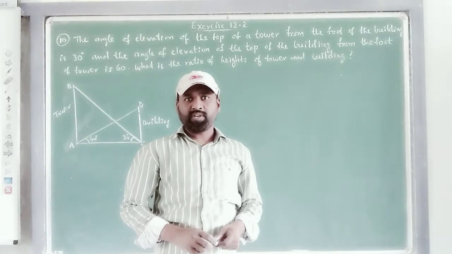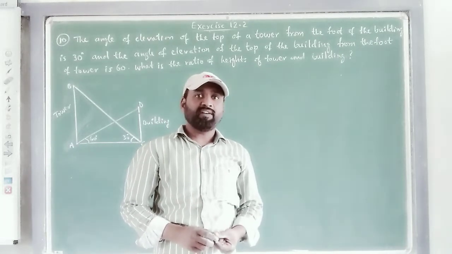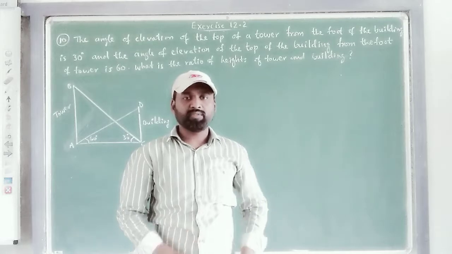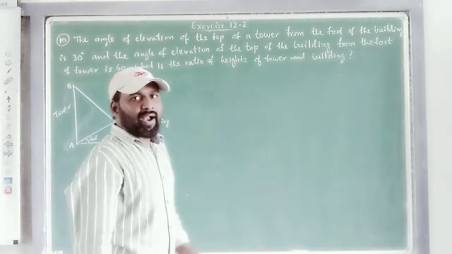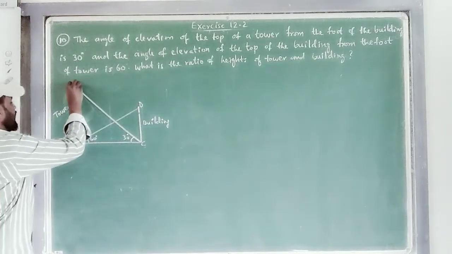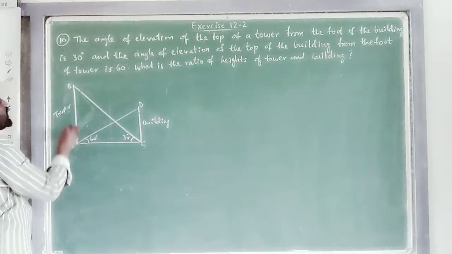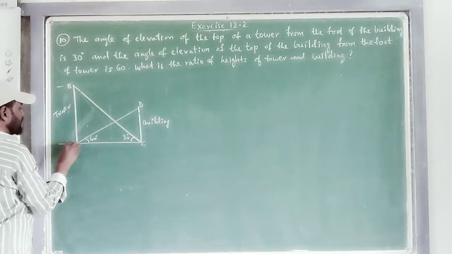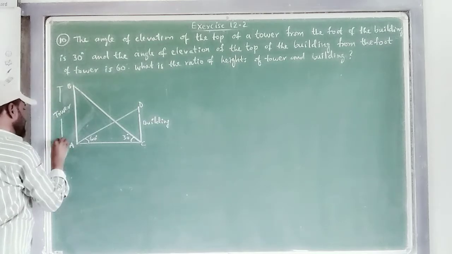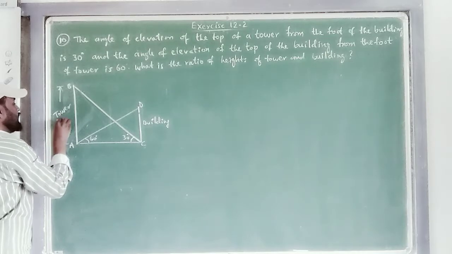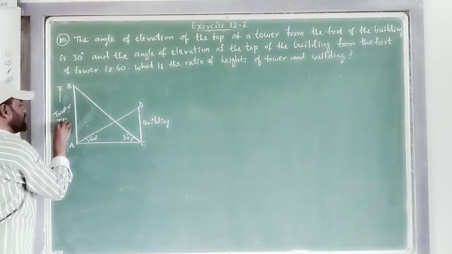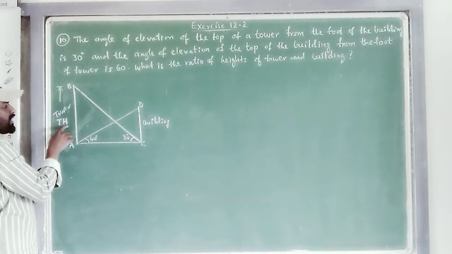Before we go for the ratio, we need to find the height of the building and the height of the tower. Both we have to find. Then afterwards we can find the ratio also. So to find that, let us draw the figure. As AB is the tower, I am taking the height of the tower as TH, tower height.